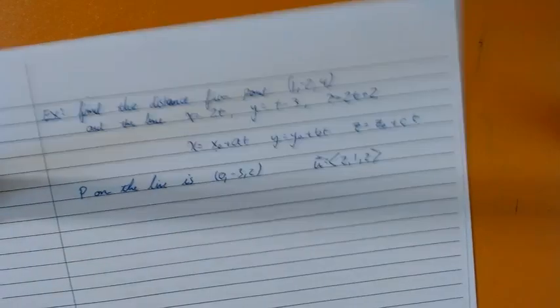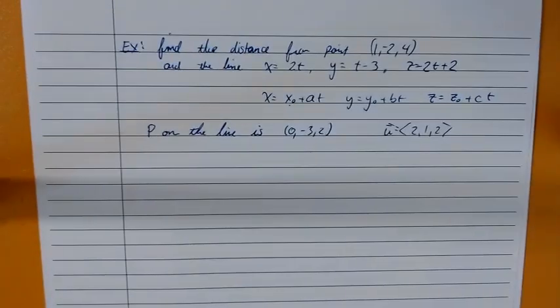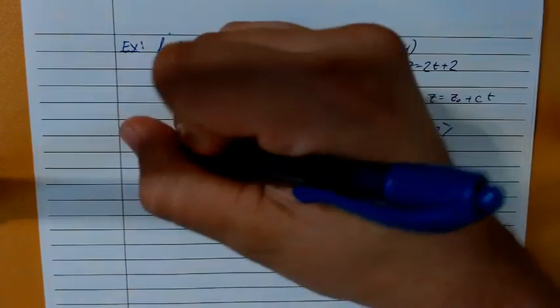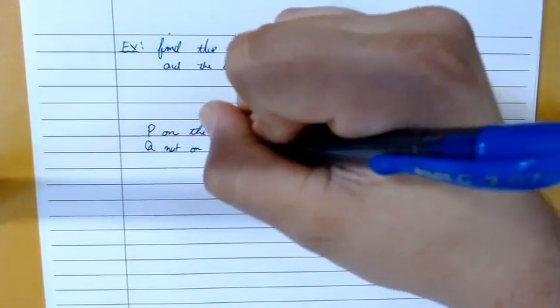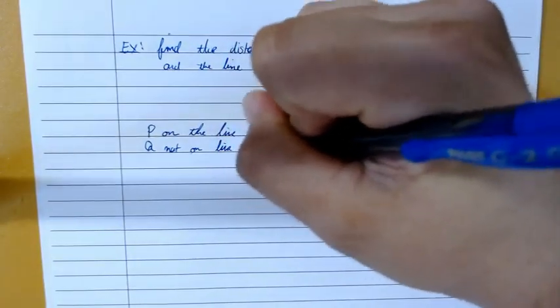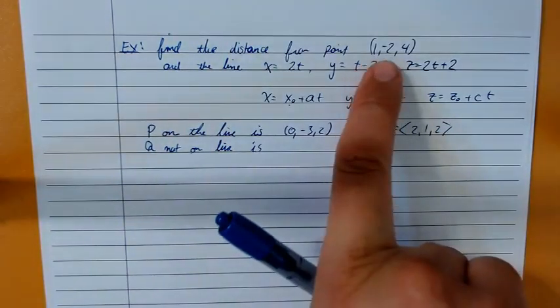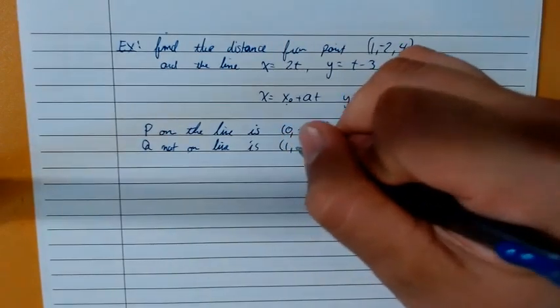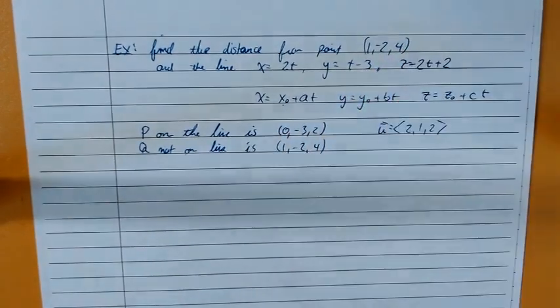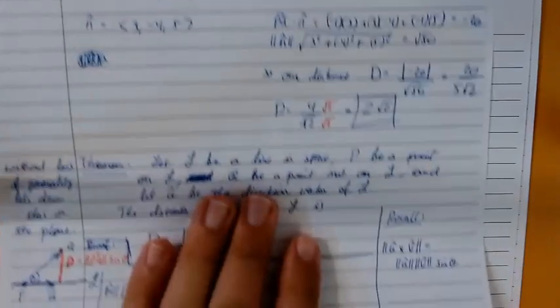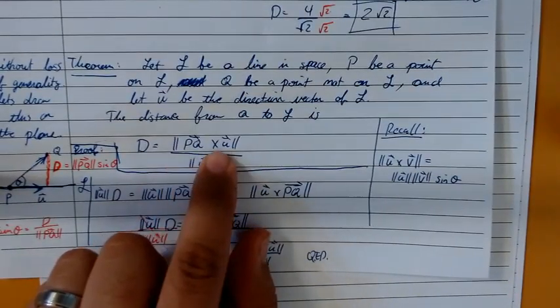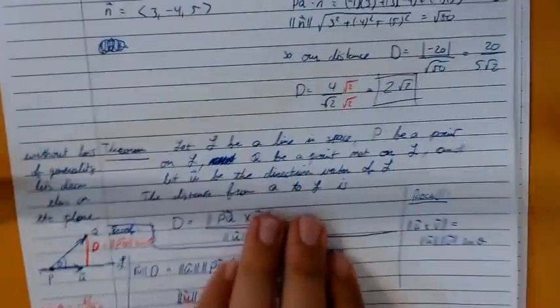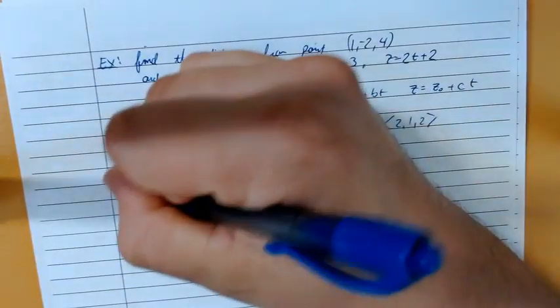Just like that. All right, well, we have a point P. We also have a point Q that is not on the line. We were given that, 1, negative 2, 4. Okay, so what do we want to do? We want to find PQ. We want to cross that with U and then divide by the magnitude of U. So first of all, let's find PQ.